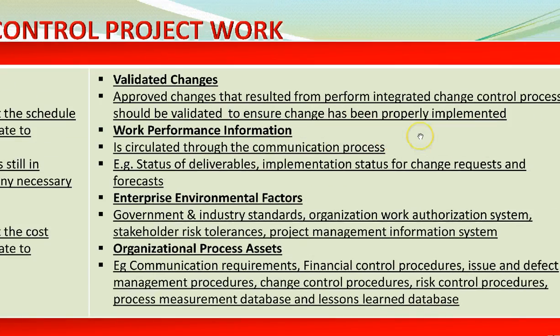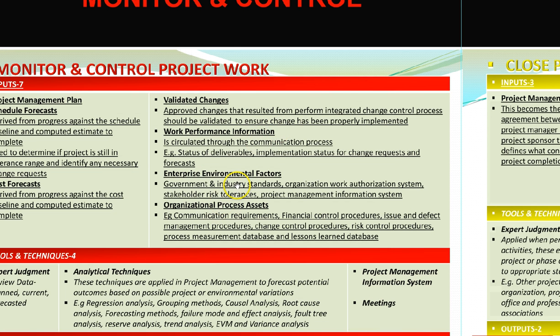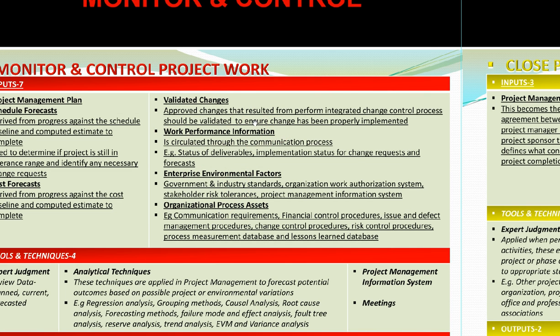Changes that are approved by the Change Control Board, or CCB, that result from performing the integrated change control process should be validated to ensure that the change has been made properly. And who is going to validate these changes? It is the project manager.